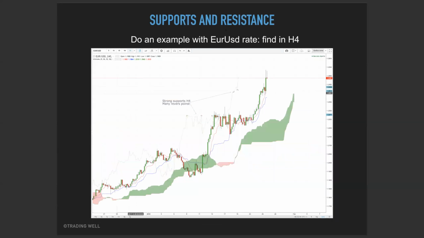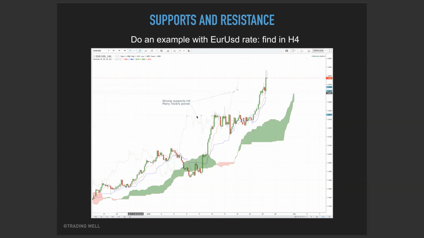After, try to do an example with our USD of today. In a time frame of 4 hours, we have here and here a support because the price line is at 1.2486 and we have 1, 2, this is almost strong, 2 point, so good.